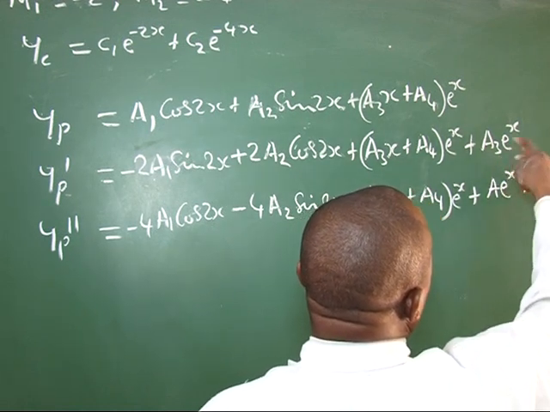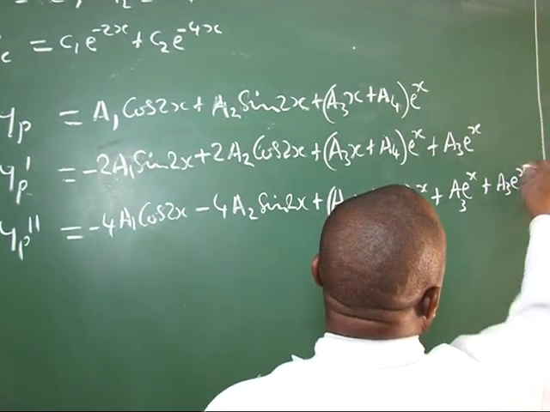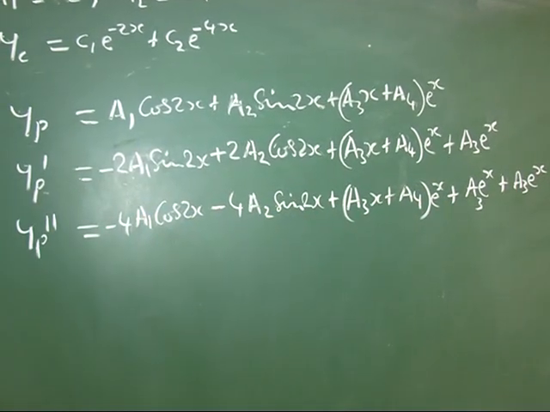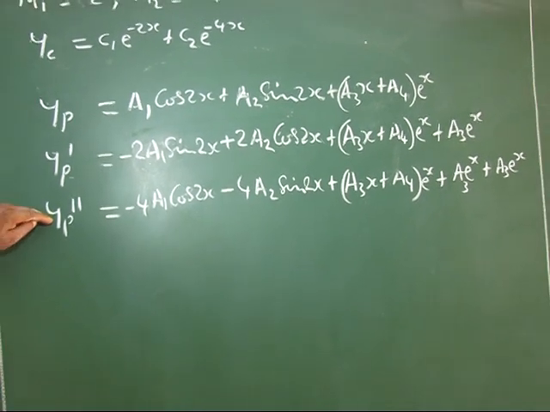Then here, when we differentiate, we still have a3 exponential x. That's that. So this is yp prime and yp prime prime.